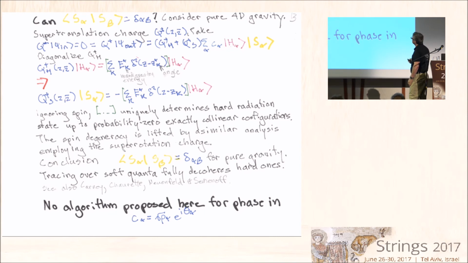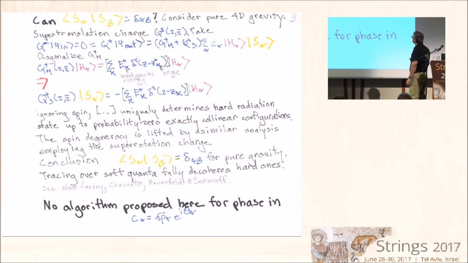And so the question is whether this uniquely determines the outgoing hard state. And the answer is almost yes. It's not quite yes because we could have two gravitons.